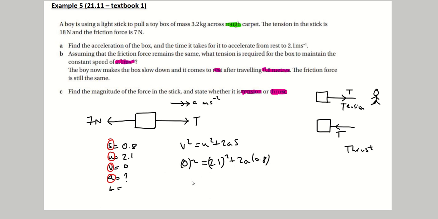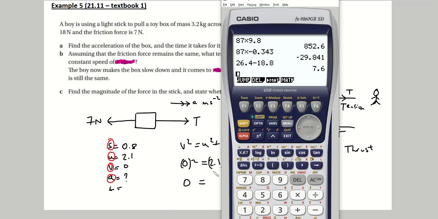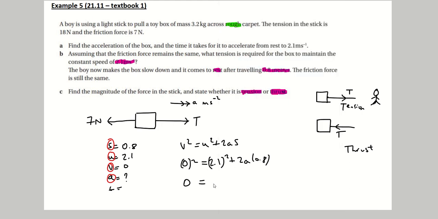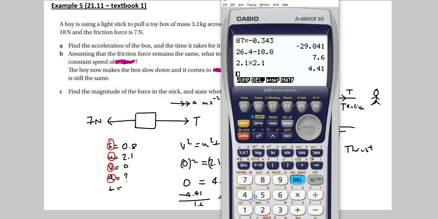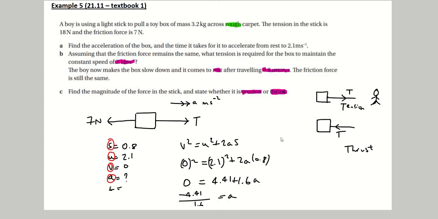Let's solve this. 0 squared is 0, and 2.1 times 2.1 is 4.41. 2 times 0.8 is 1.6, so I've got 1.6a. I'll take away 4.41 to the other side and then divide by 1.6, and I will get minus 2.76 for the acceleration.